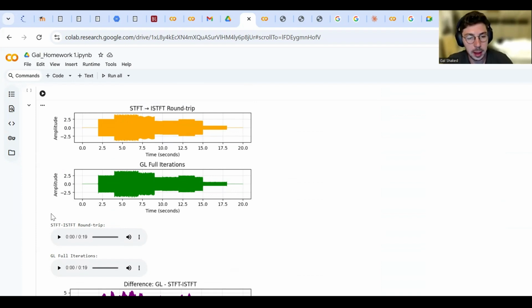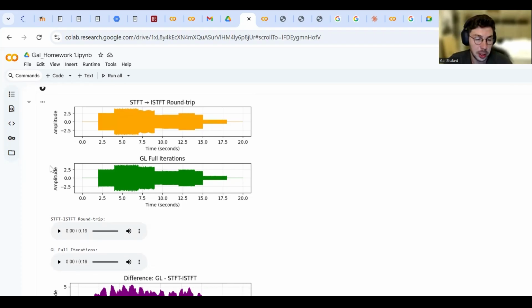However, we know that the Griffin-Lim algorithm does not guarantee the exact same waveform, since it converges into a local optimum and not necessarily the original one, in the phases. Yes, the phases do not converge into completely the original one, and I think that's it.